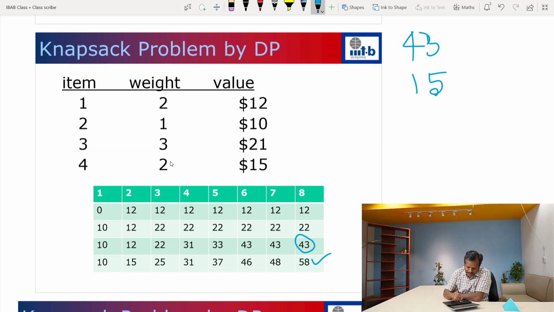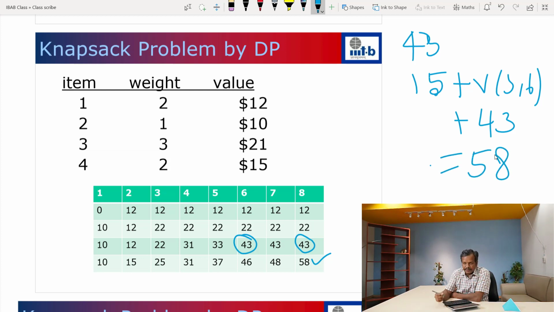The value that corresponds to this is V of 3 comma 6, which from the diagram is again 43. So it is 15 plus 43, which is 58. Our algorithm will end up picking the maximum of 43 and 58, which is 58.